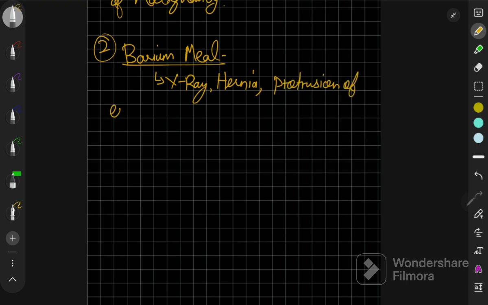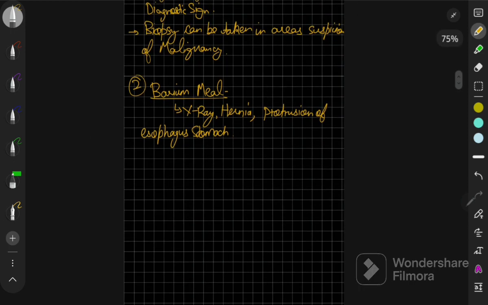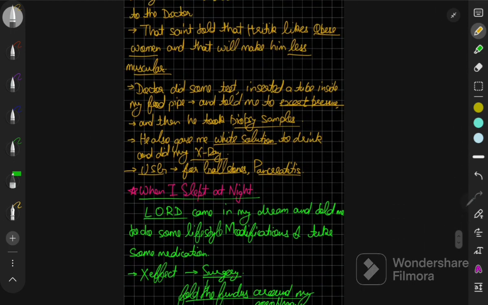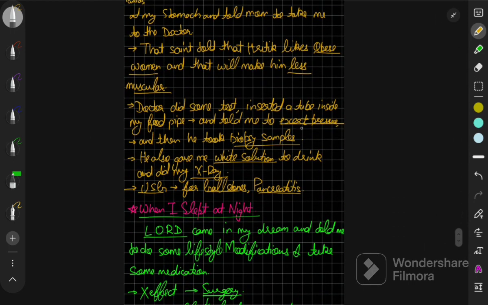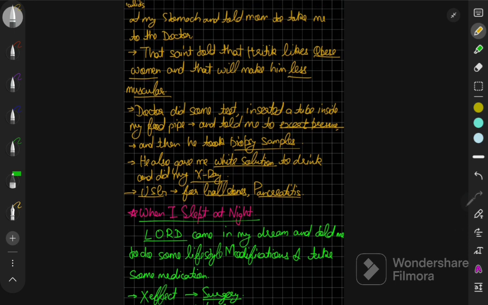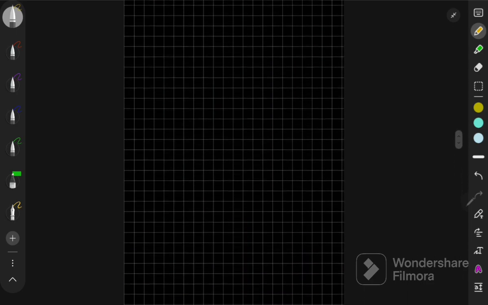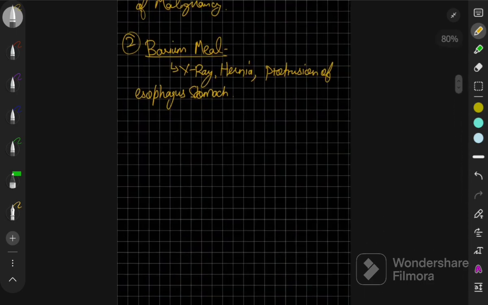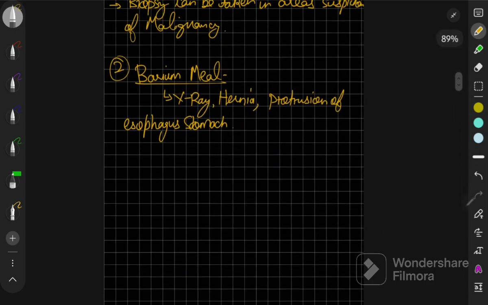Protrusion of esophagus, stomach we see. Okay. So in the mnemonic, we were at doctor exerts pressure, tube, biopsy taken, white solution, X-ray protrusion of stomach, esophagus, stomach.